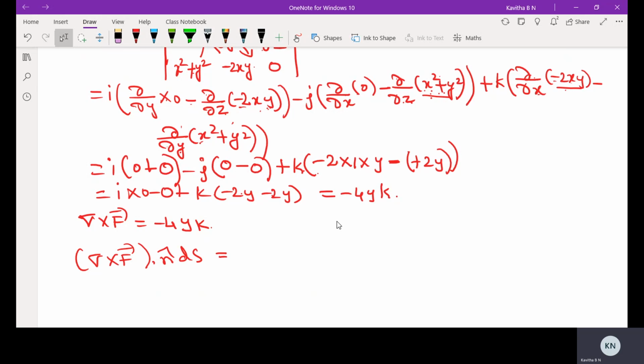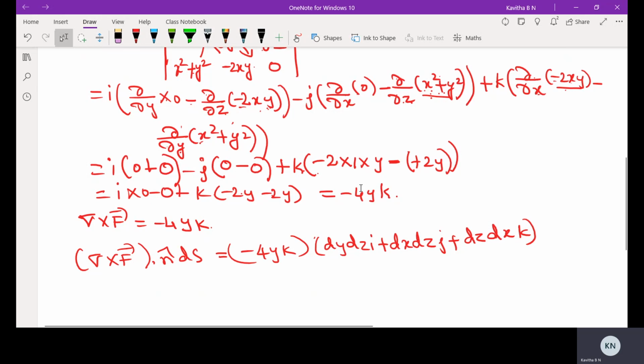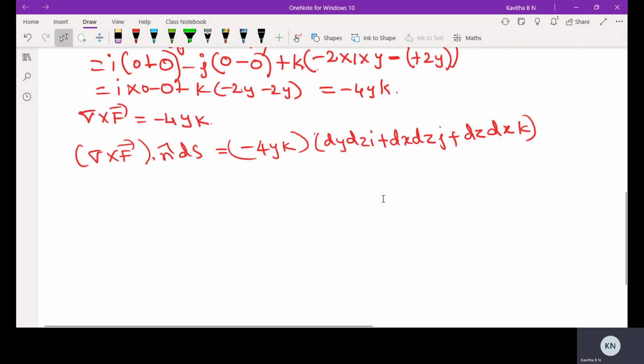Nabla cross f vector is minus 4yk, and n cap ds is dy dz i plus dx dz j plus dx dy k.